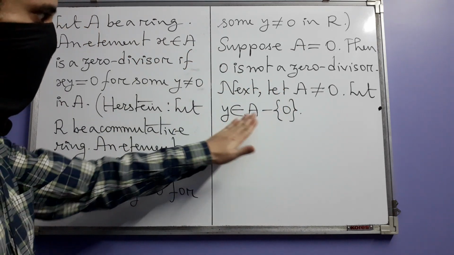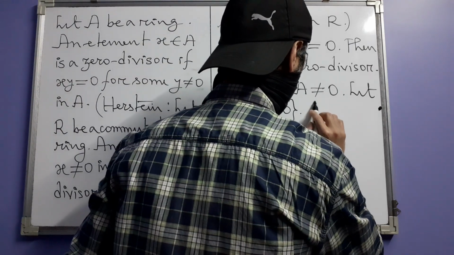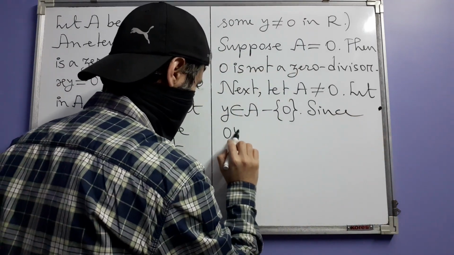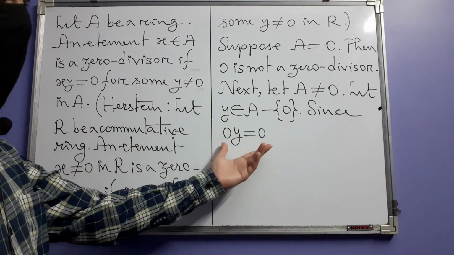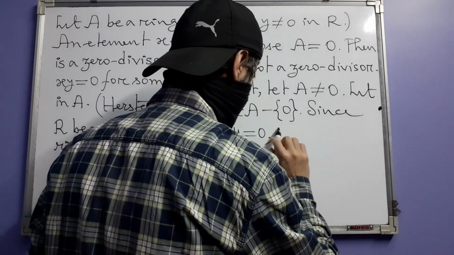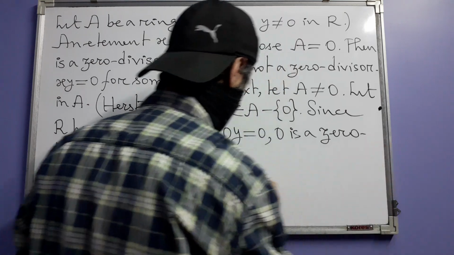We can choose some such y because A is non-zero. Since 0y is equal to 0, from elementary properties of rings, this is always true, we know that. So 0 is a zero-divisor.